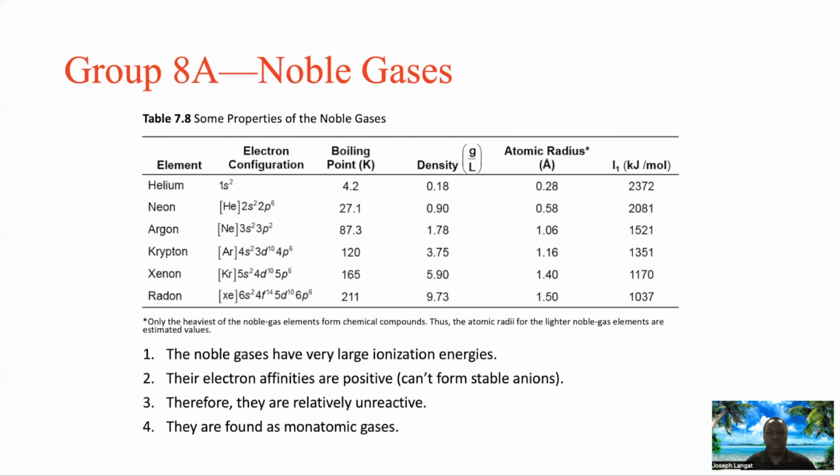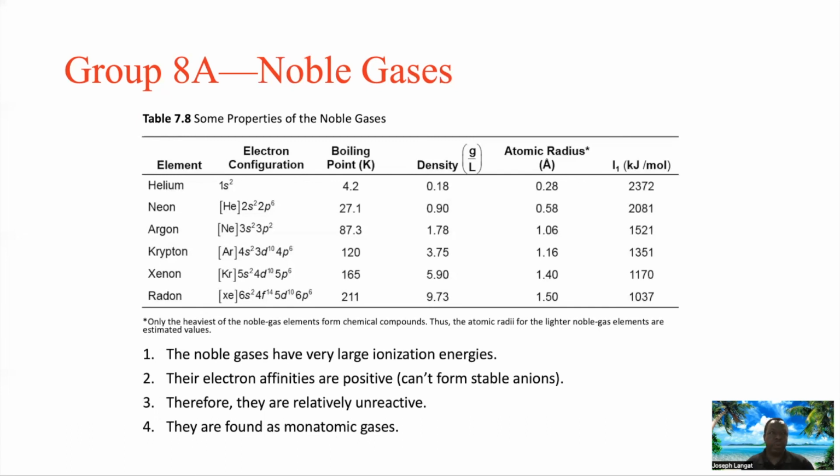The effective nuclear charge is strong because of the nuclear protons. Therefore, it's hard to remove an electron. The electron affinities are positive, so they cannot form a stable anion. You cannot add electrons to these. Therefore, they are relatively unreactive and are found as monoatomic gases.